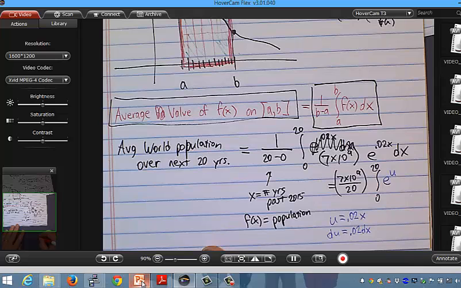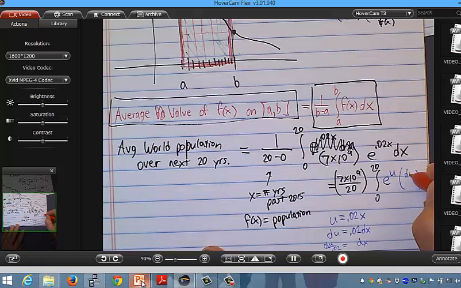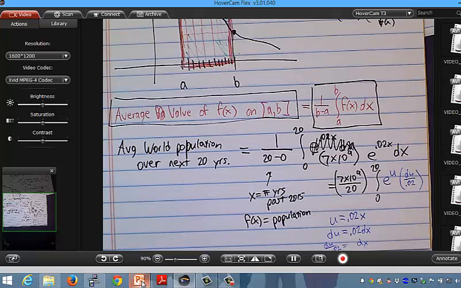So what does dx equal? Well, dx is du over 0.02. So I need to put du over 0.02 in for dx. That's the Armstrong way of doing it. I mentioned that to you guys. Okay?